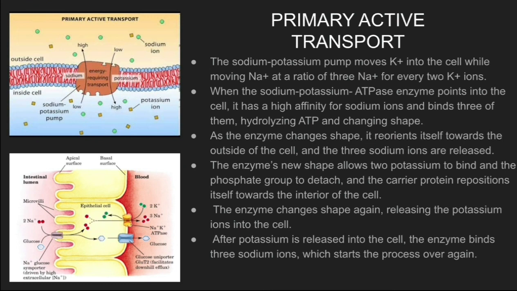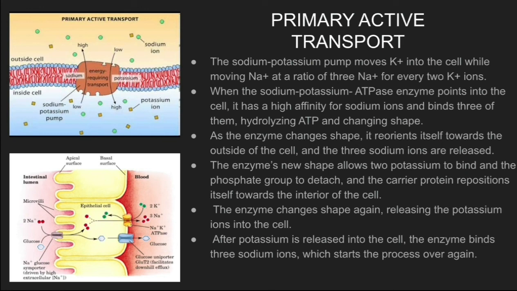This active transport can be divided into primary active transport and secondary active transport. So what is primary active transport? It is a direct active transport. It directly uses chemical energy such as ATP, in the case of the cell membrane, to transport all species of solute across the membrane against their concentration gradient.